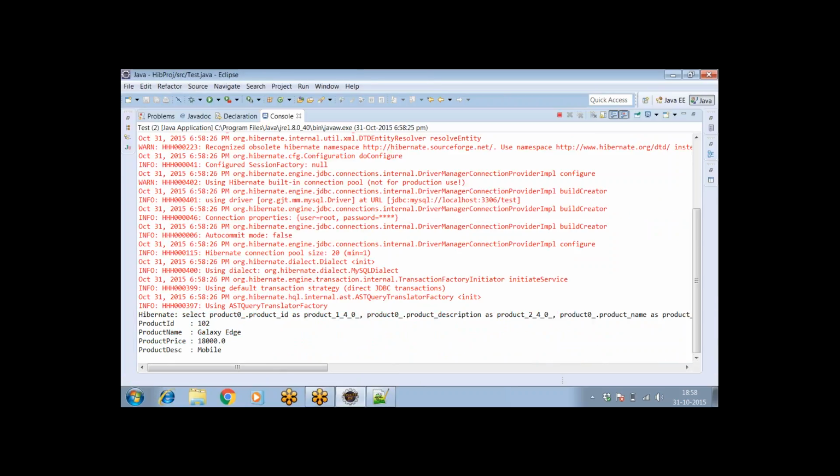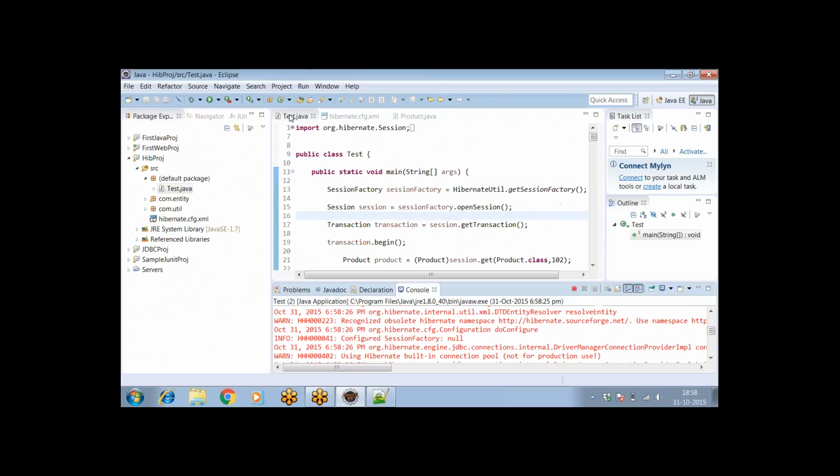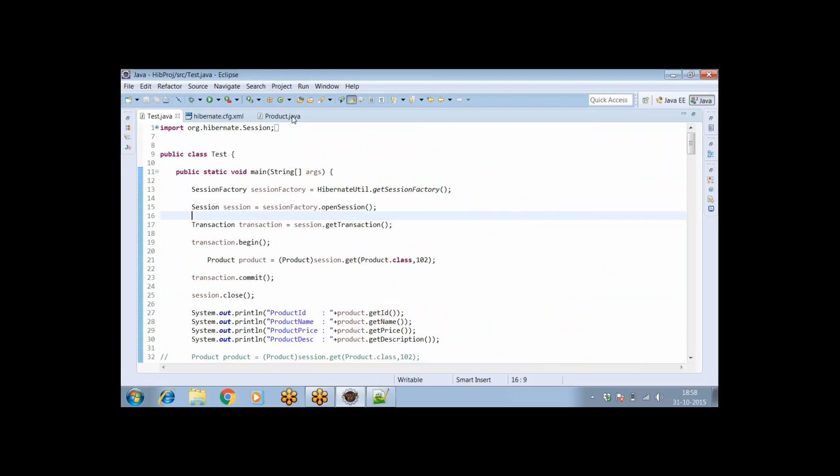You see, this time you won't find any issues. So I can say that the get method always follows the eager loading strategy.